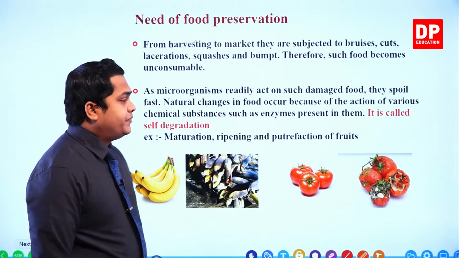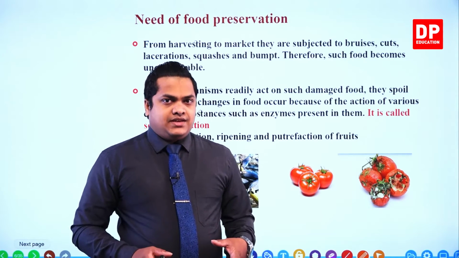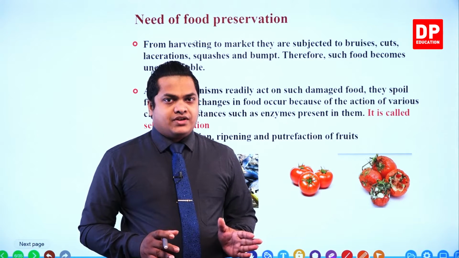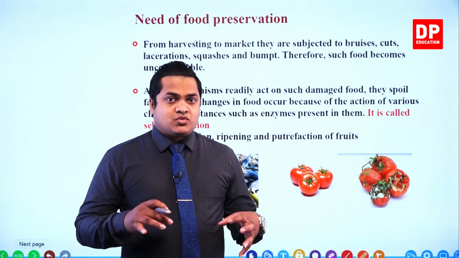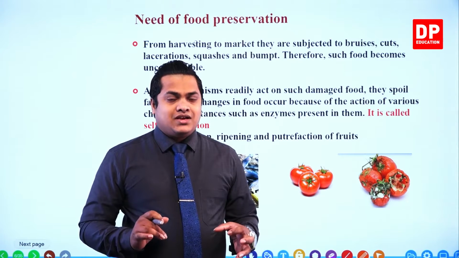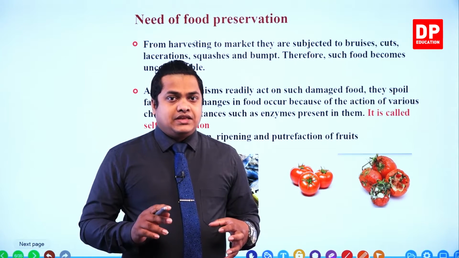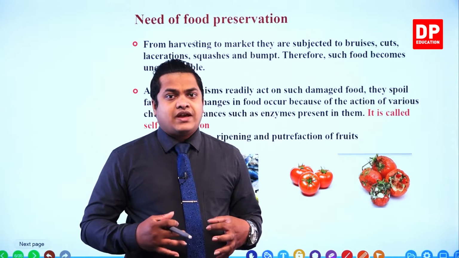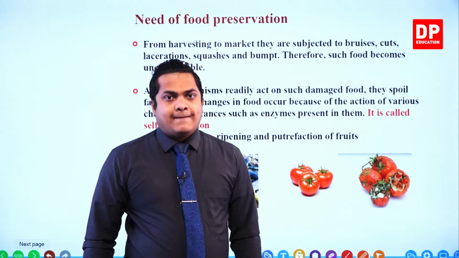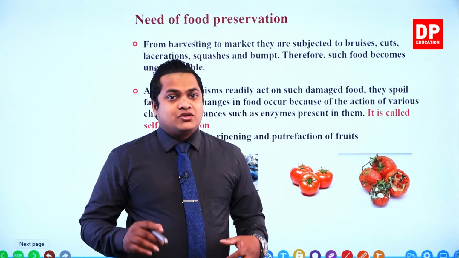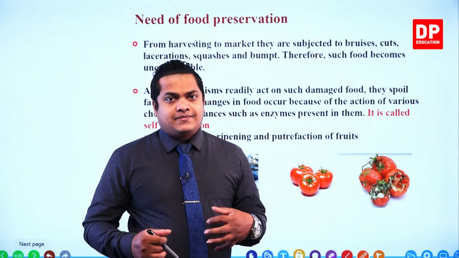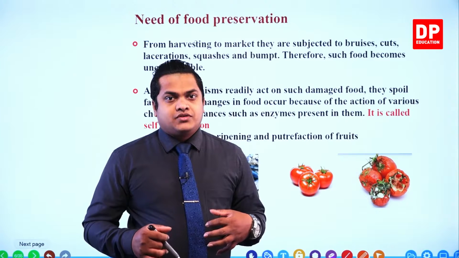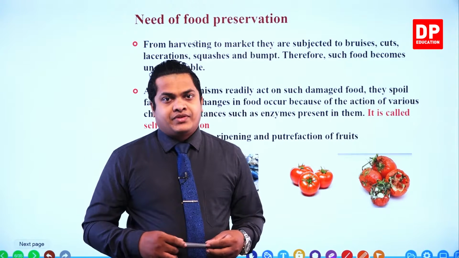So I told you, the main reason is the action of microorganisms. So squishing and having cuts and bruises will speed up the action of microorganisms, right? Having these things will speed up the process of spoilage.